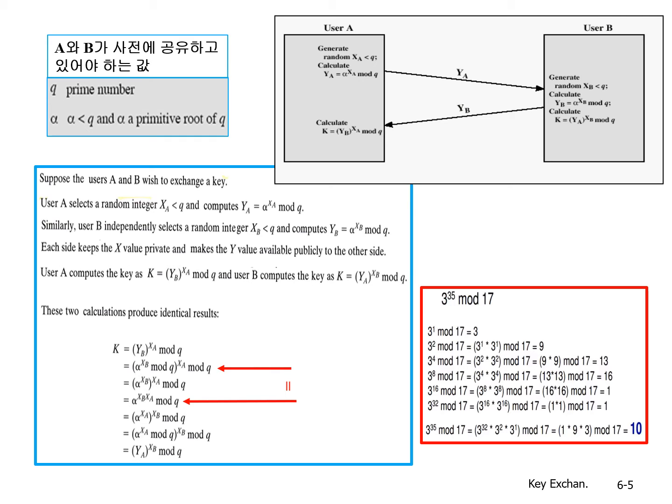Both sides, user A and user B, want to share a secret key online. Each already knows q and alpha. q is a prime number. Alpha is a primitive root of the prime number q.